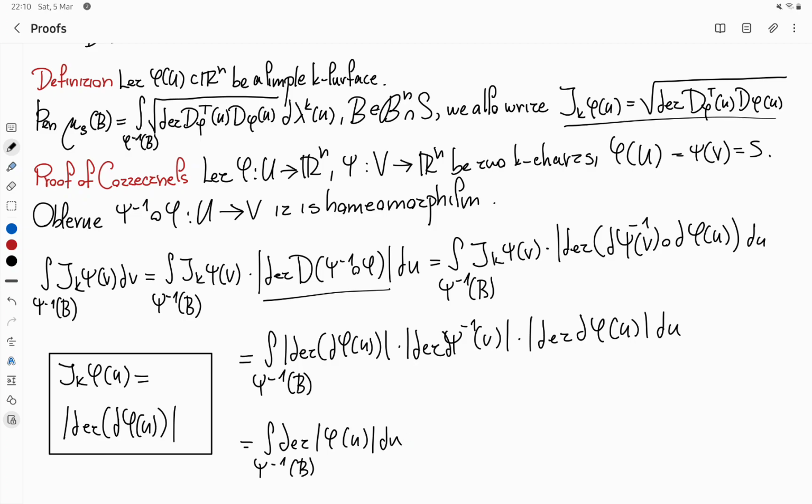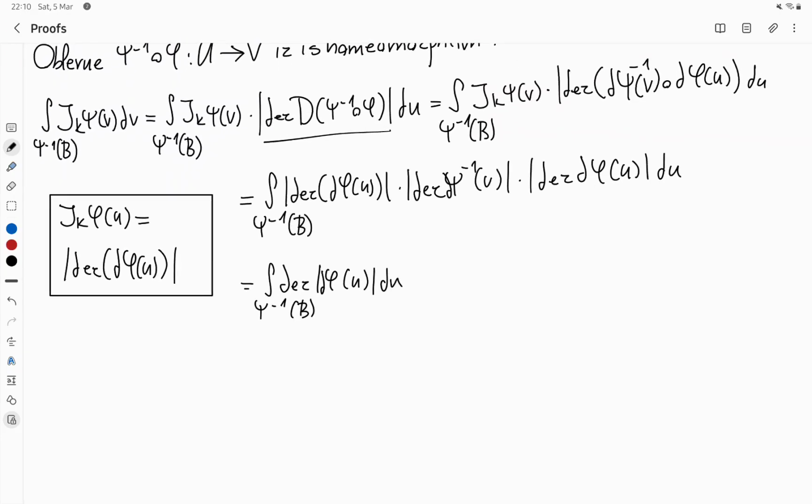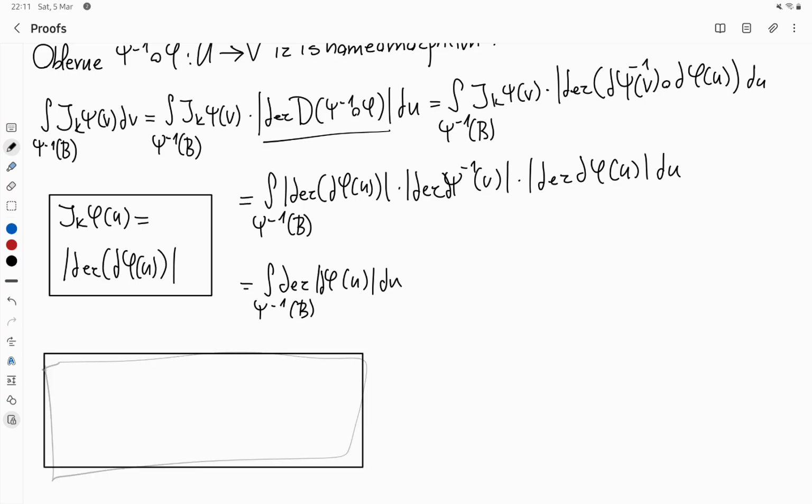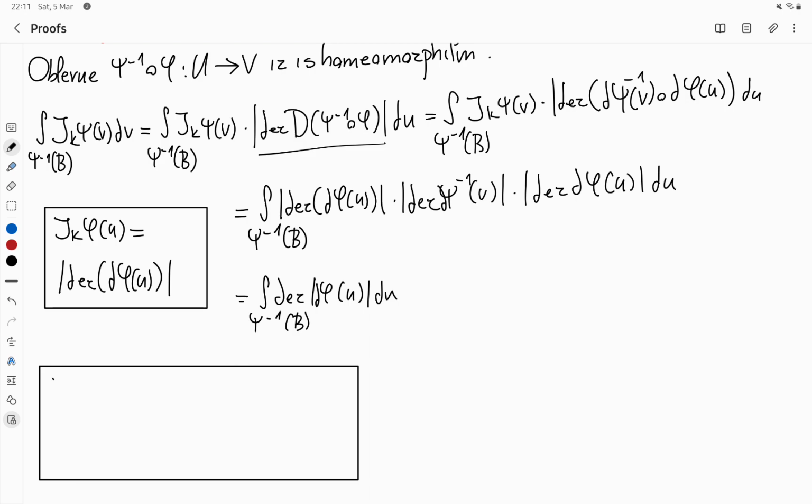How is that? Well, because I'm going to put another little box down here. We know that phi can be expressed as psi composed with psi inverse composed with phi.